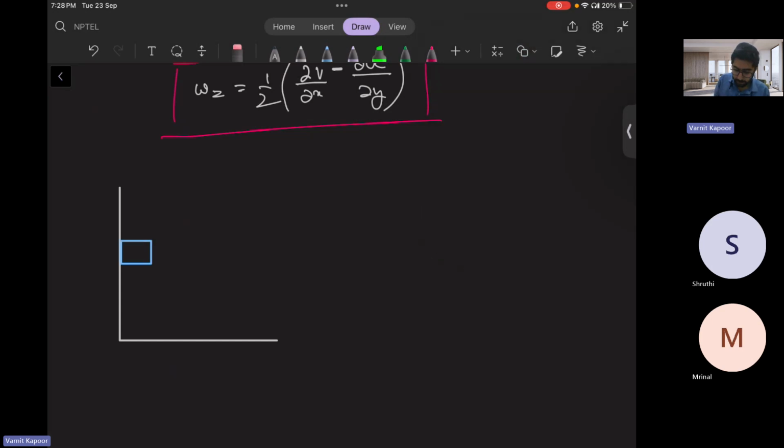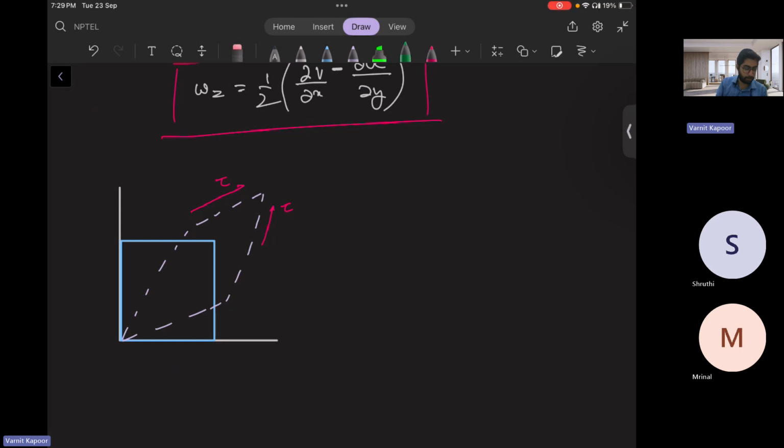So originally my fluid element was like this, and now my fluid element looks somewhat like this. So that means there is shear stress in both this direction and this direction.